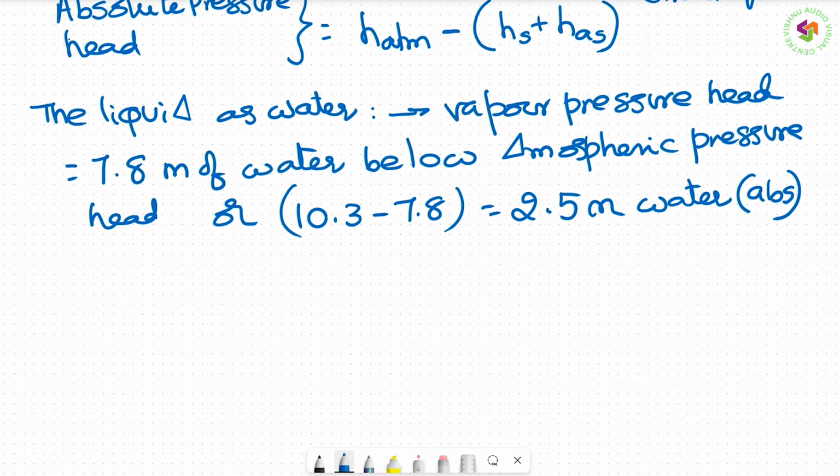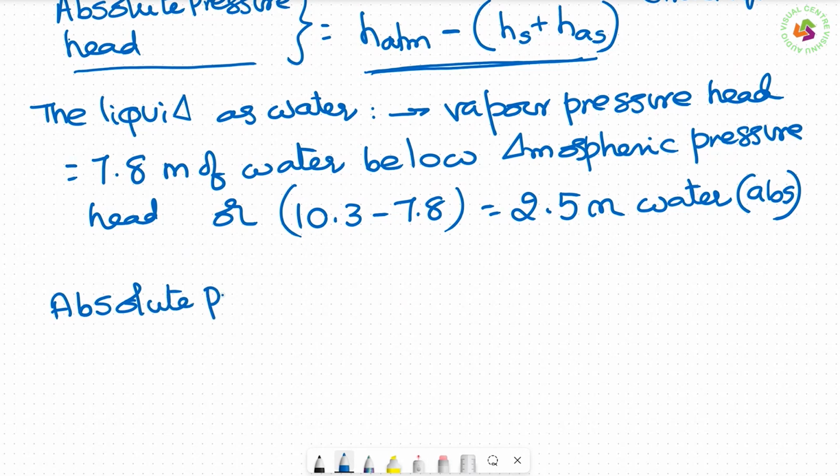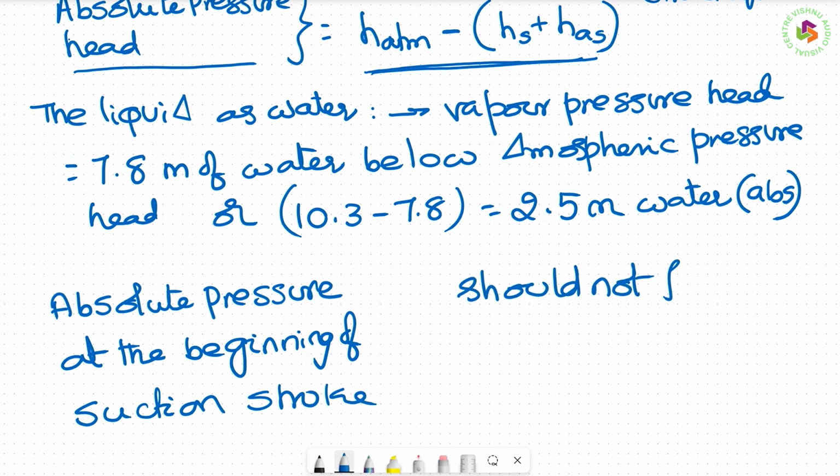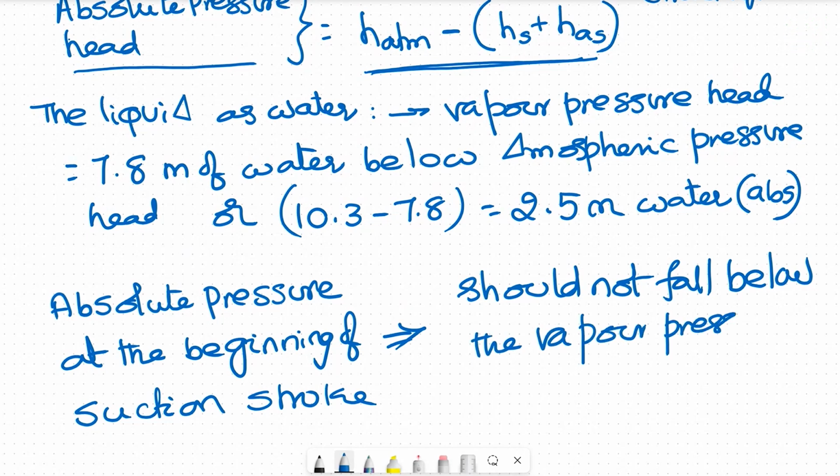So now our question is, when the pressure falls below this, that means the absolute pressure at the beginning of suction stroke should not fall below the vapor pressure of the liquid flowing.